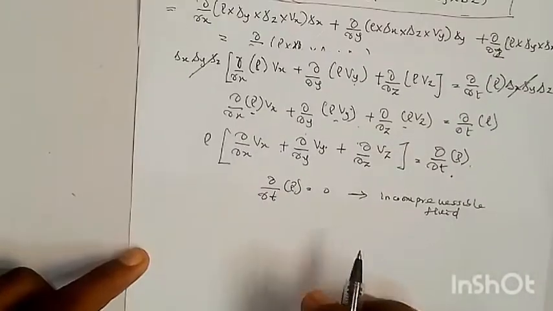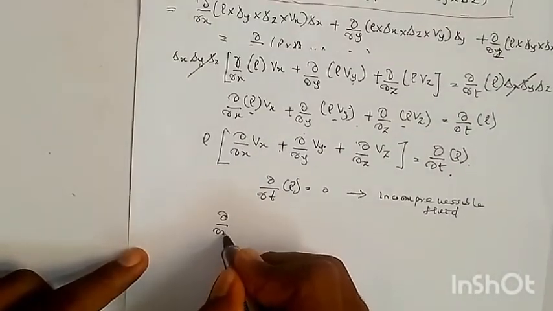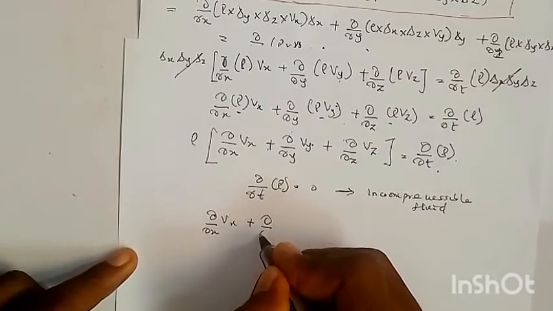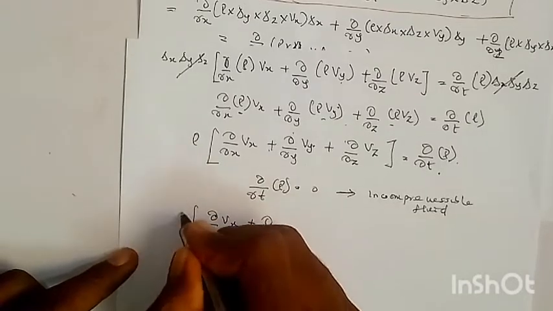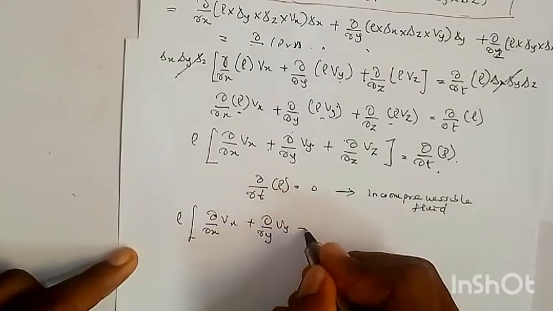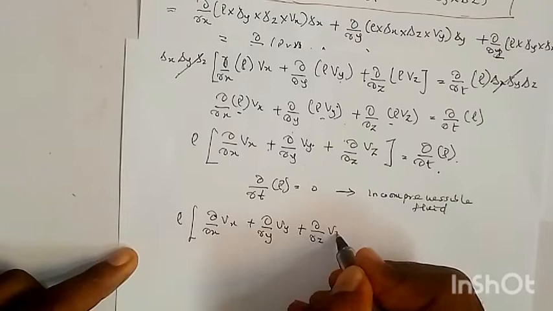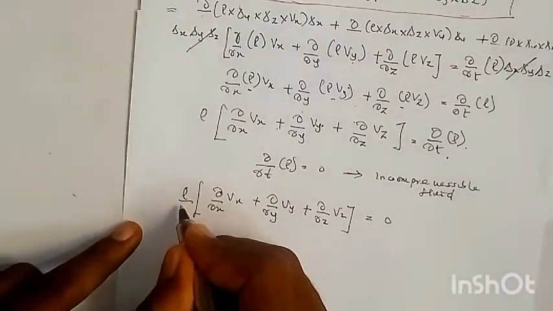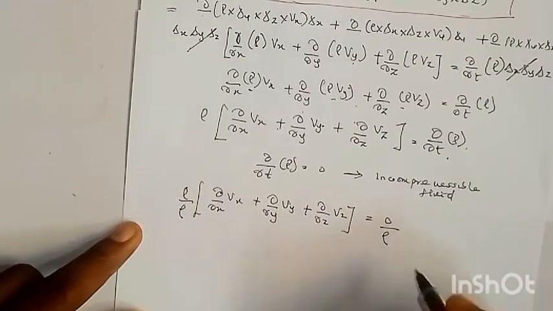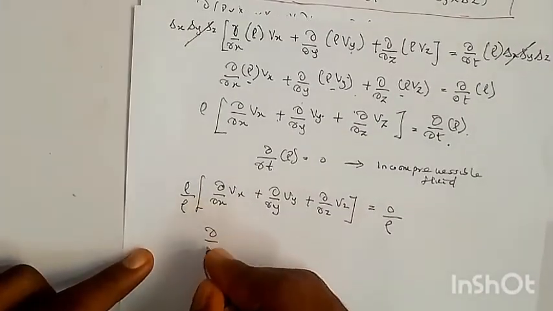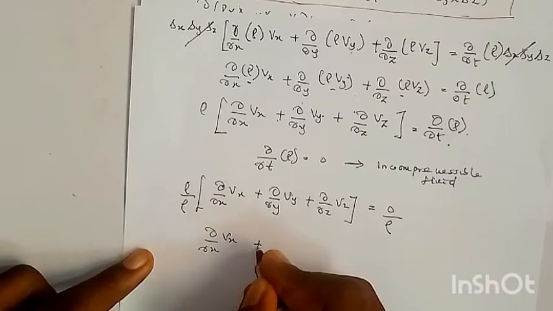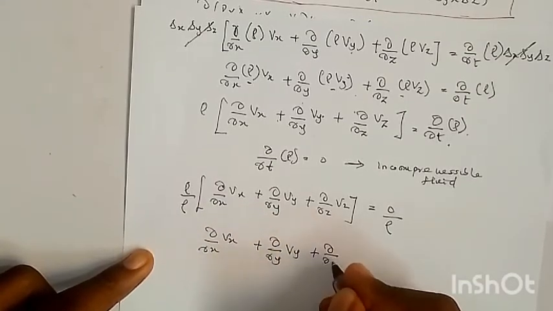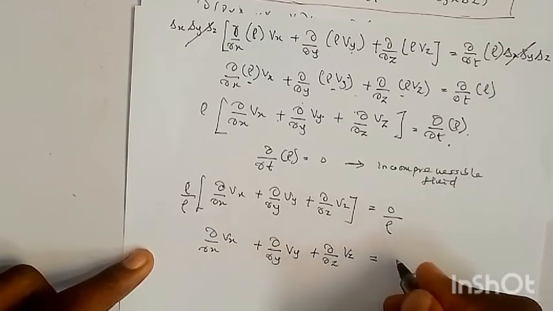So I can basically say d/dx vx plus d/dy vy plus d/dz vz all equal to 0. If I divide both sides by density, I have d/dx vx plus d/dy vy plus d/dz vz equal to 0.